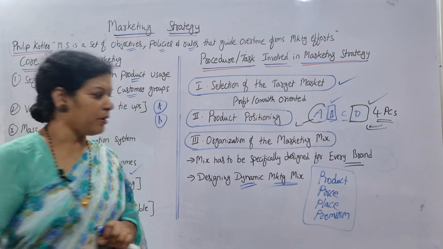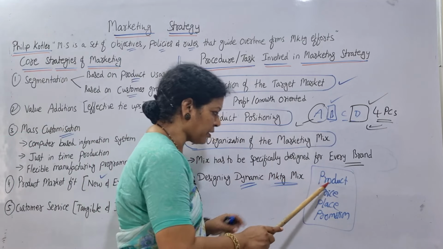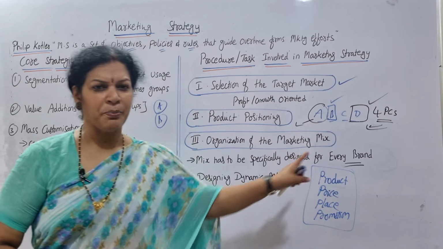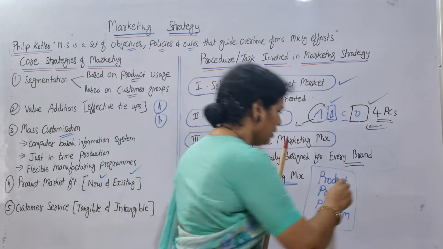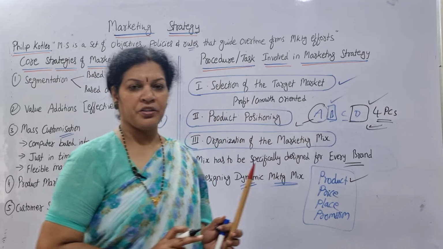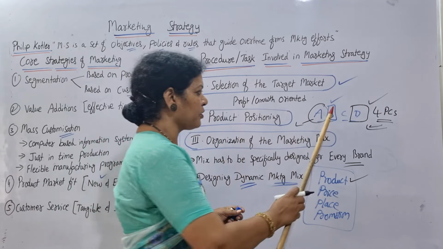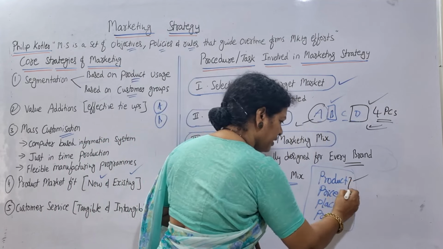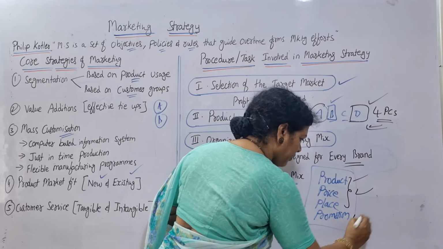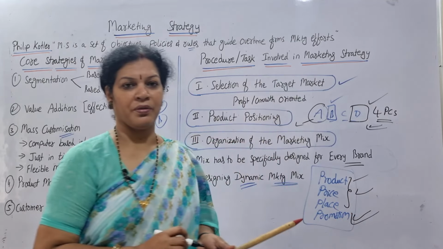Suppose for one product we can manage product, price, place, promotion, but our focus should be only on the product. So here we'll focus on the product, say for example product A. For another product, B, the product is okay, price is okay, these 3 are okay, but we have to focus more on the promotion.